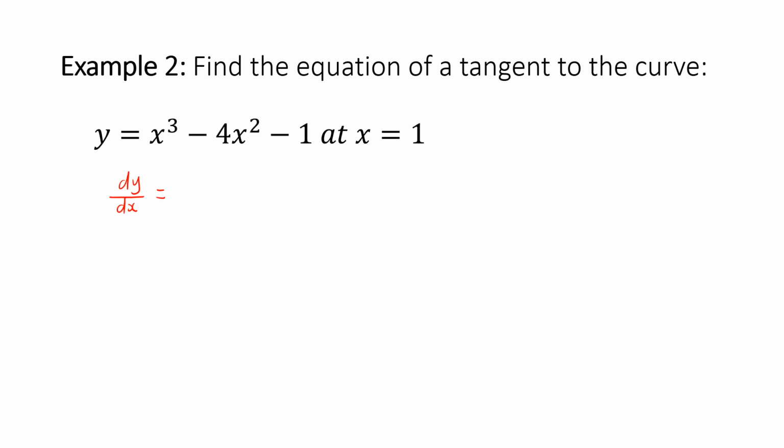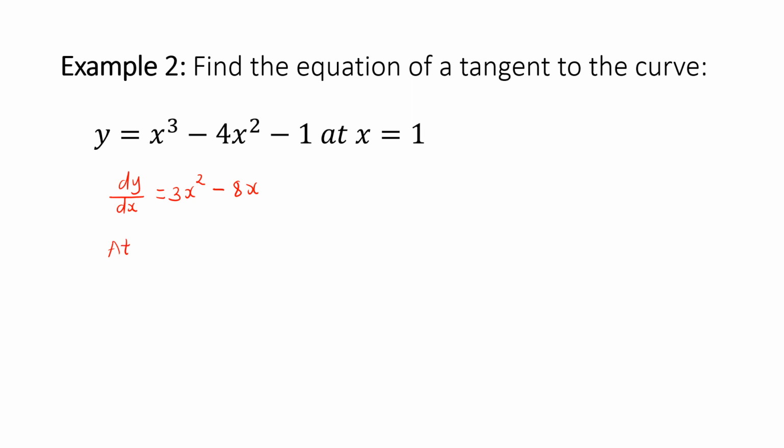Applying the power rule, we shall have 3 multiplied by 1 give us 3, and then the power reduced by 1 shall have x squared, minus 2 by 4 gives us 8, reduce the power by 1, we have it as x. And then if we differentiate negative 1, it being a constant, will give us 0.